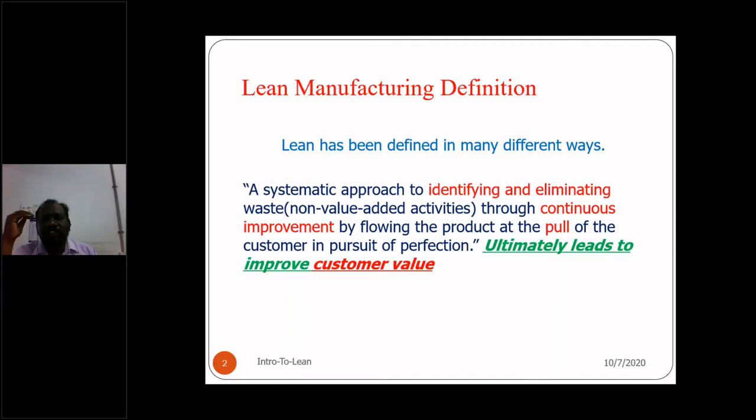In any scenario, there will be value-added items and non-value-added items. We have to categorize them, so that we will know in which way we will progress for productivity.